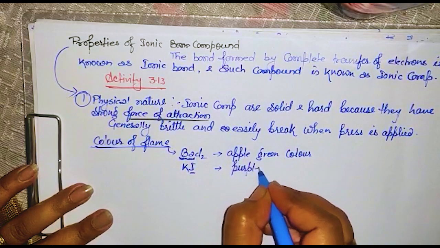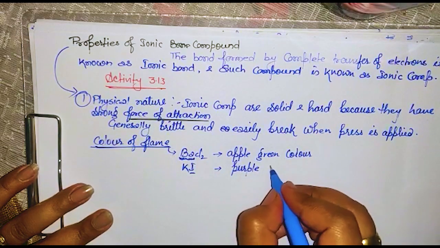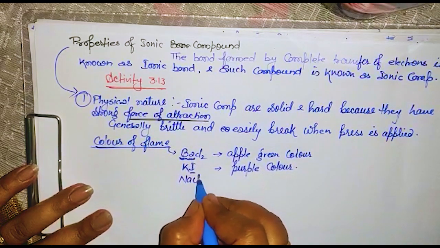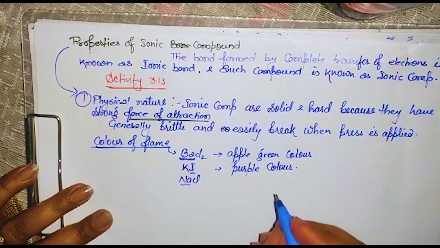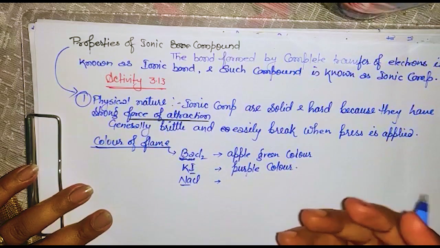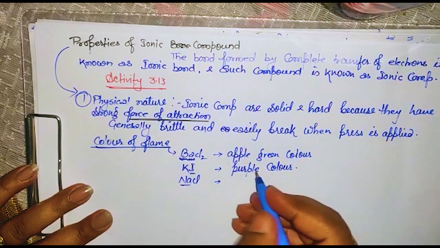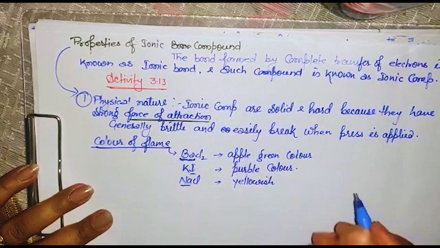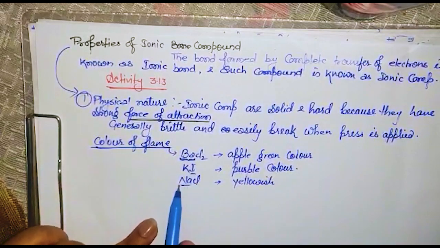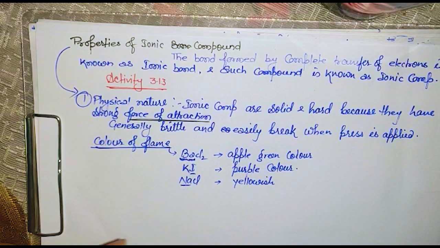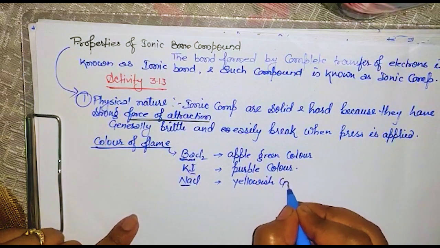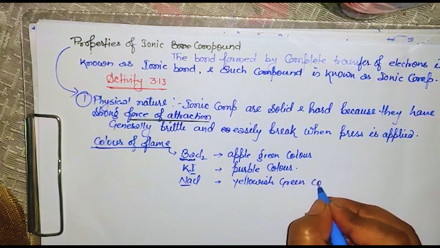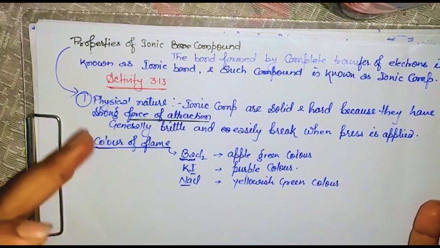And if NaCl, due to Na, it will give you an orangish, yellowish color. Since chlorine is also there, they both give color, Na and chlorine. So the color will be yellowish green, because chlorine is green in color. Like this, they will show the flame.